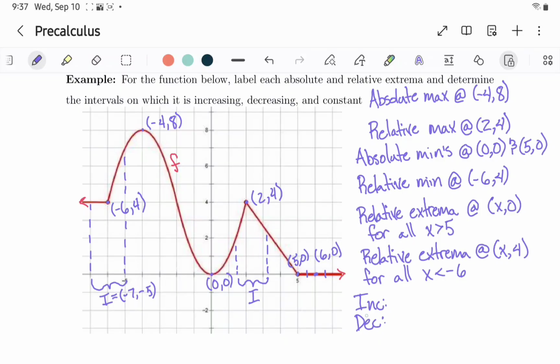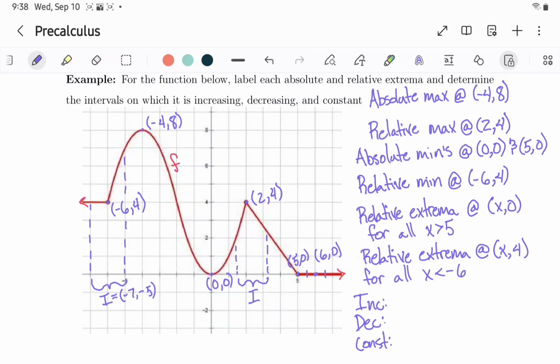I'm going to abbreviate increasing as INC, decreasing as DEC, and constant as CONST.